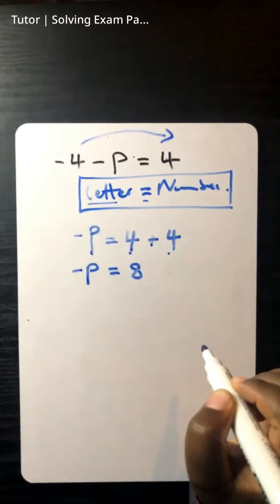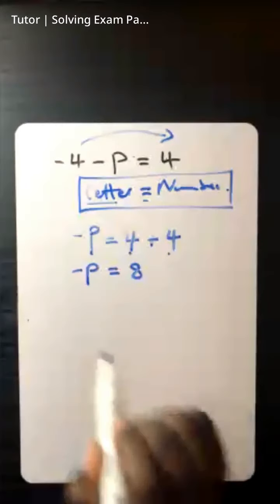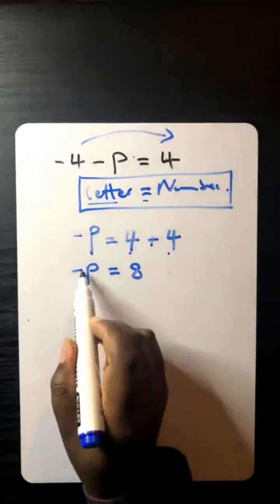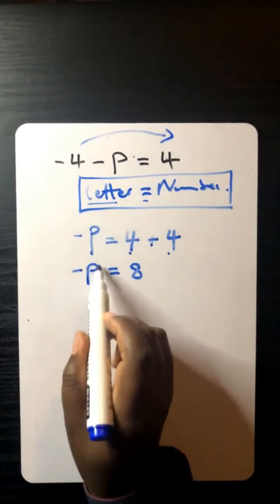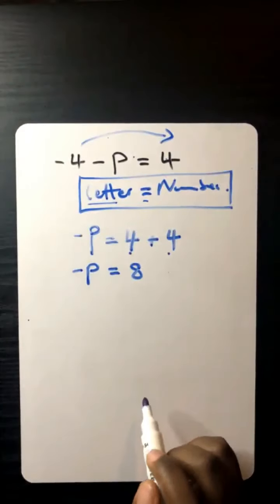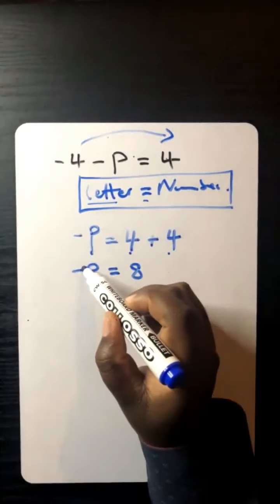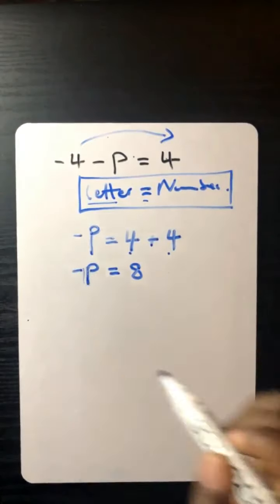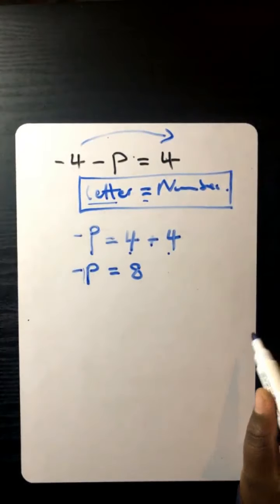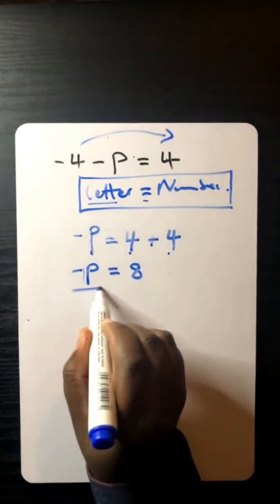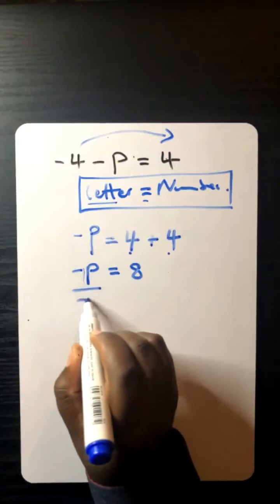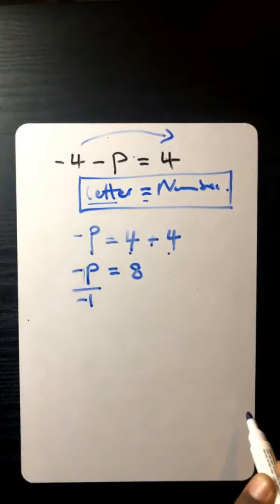But remember, we've got a negative 1P over there. The challenge that we are having is that this is a negative P and we just want P. And again, you know there's that invisible 1 over there, which is not necessary to write. So that is why for us to remove that negative, we are going to divide by negative 1.